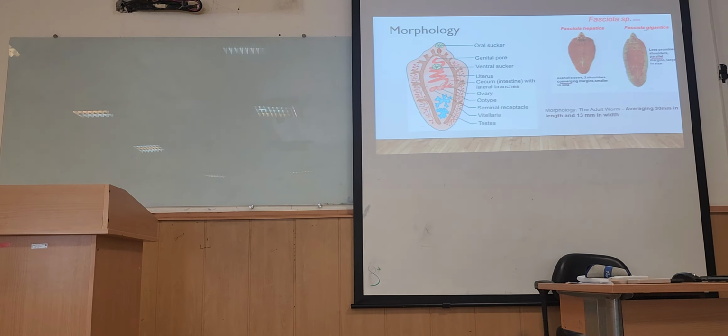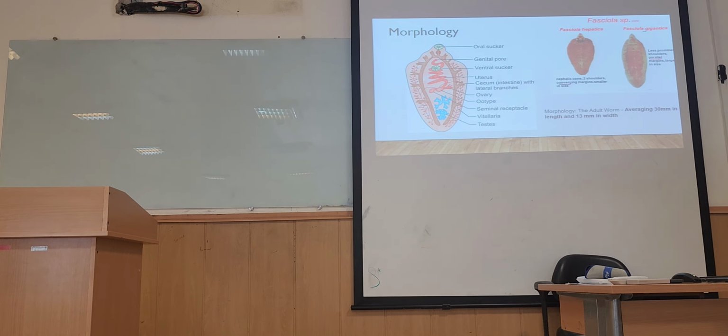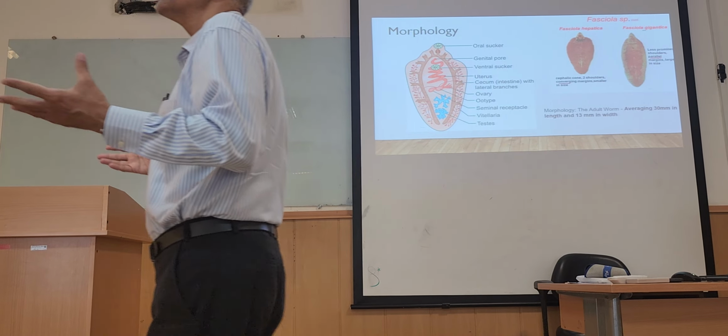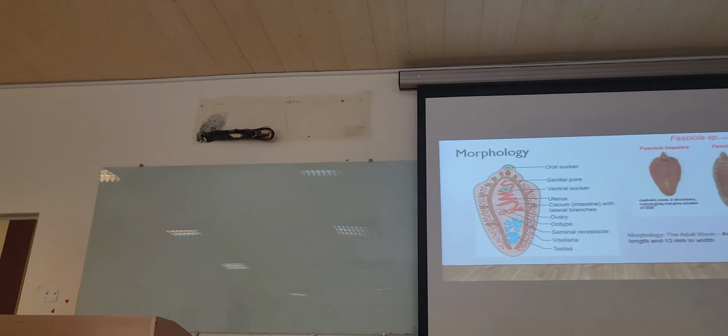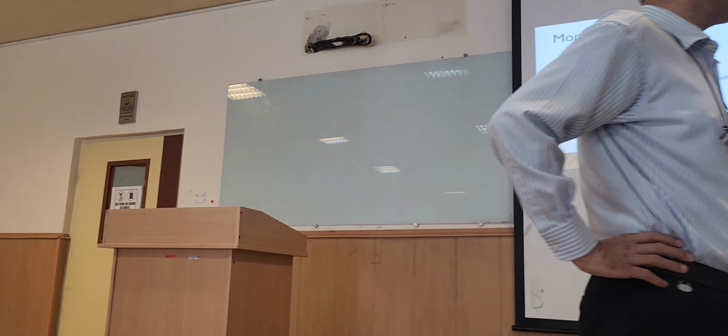You can see that these two pictures show the Fasciola in real appearance, and when you go to slaughterhouses, for instance, you get these worms from cattle, sheep, and other slaughtered herbivore animals. You can find them very easily with this feature. The left one is Fasciola hepatica, and the larger one on the right is Fasciola gigantica.